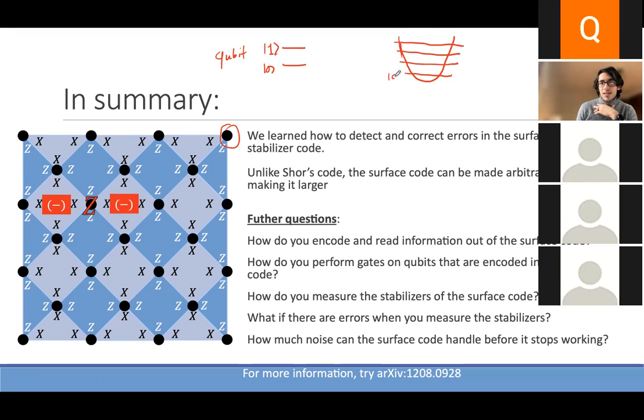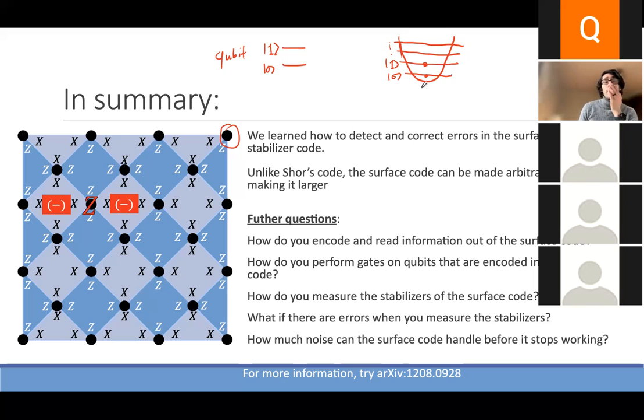So it has a state 0, it has a state 1, it has a state all the way up. And so the question is, can you use a bosonic system that has all of these states to encode a qubit? One easy way to do it would be to say that, okay, this is the qubit 0 state, this is the qubit 1 state, and all of the other states are garbage, never go there.